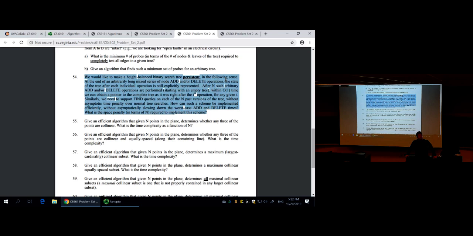Other suggestions? You're onto something, but you have to show how to get it to happen efficiently. Yeah. So maybe we can copy a tree, but not after every operation. Maybe after some certain number of operations. Okay, so you're saying copy the tree, but not after every single operation.